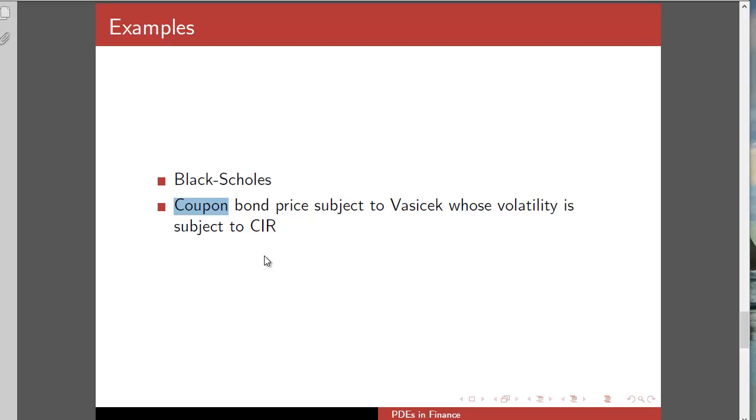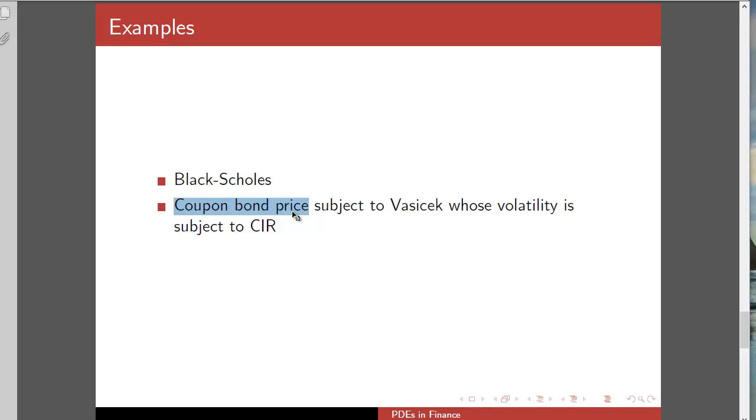So how do we actually approach this problem? Well, first of all, you need to start with forming the expectation. Okay, so you need to formulate this coupon bond pricing in terms of the expectation operator.